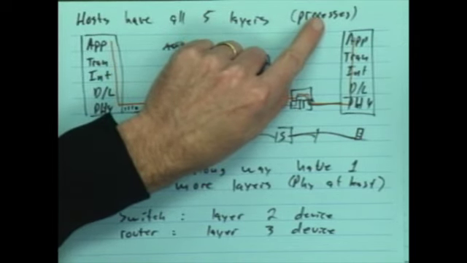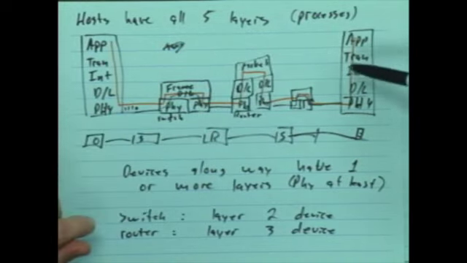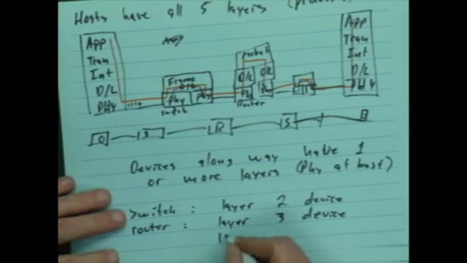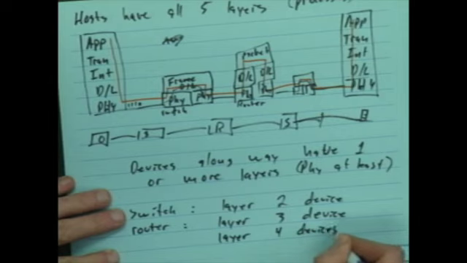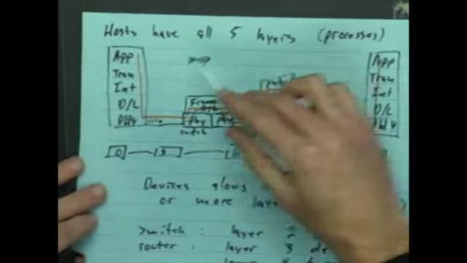It gets a little spooky there. We'll not worry about that at all, but you can do that. So there's such a thing as layer 4 devices. We'll just put here, they exist, okay? And a layer 5 device, that's called a host.